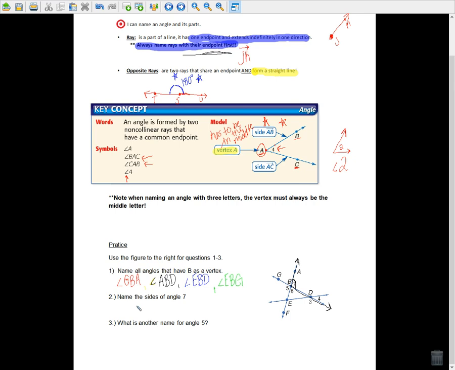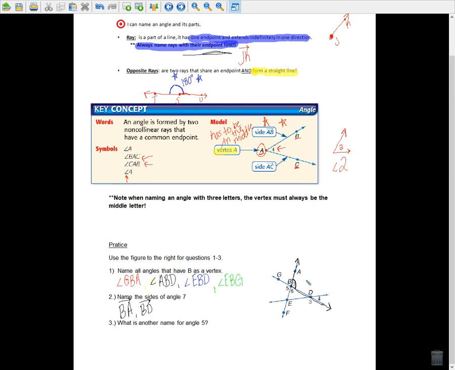So this will be ray BA and ray BD. Make sure our arrow is extending forever in one direction and not both directions. So that would be our answer for this one.